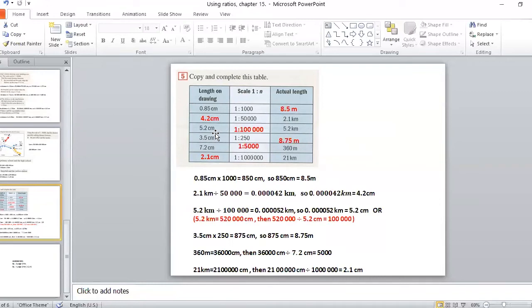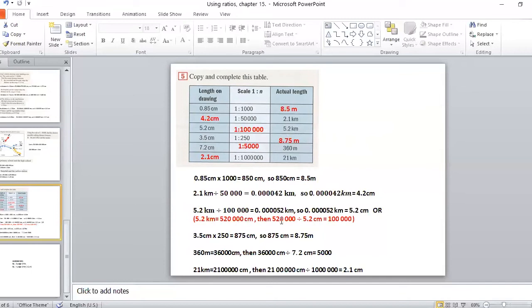For the third row, you have 2 ways to complete it, this black one and the red one. I'm explaining the red one. If you want, you can choose the black one also. 5.2 kilometers, you know, equals 520,000 centimeters, multiplying it by the fifth power of 10.